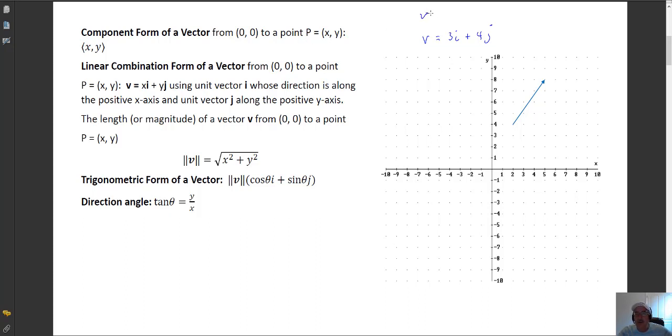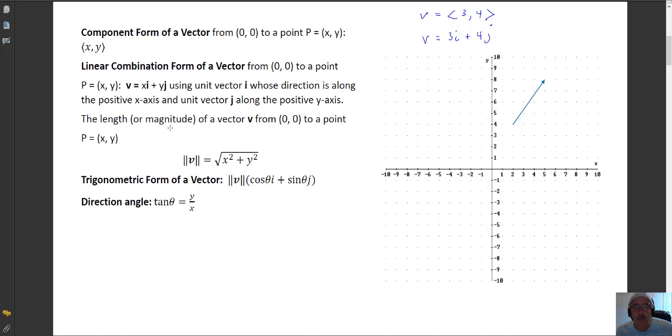Here's another way to write the same vector that you will see in other textbooks, pre-calculus books, college algebra books, and so forth. Our book uses the i-j combination, where i is the unit vector along the positive x-axis and j is along the positive y-axis. I discussed that already.